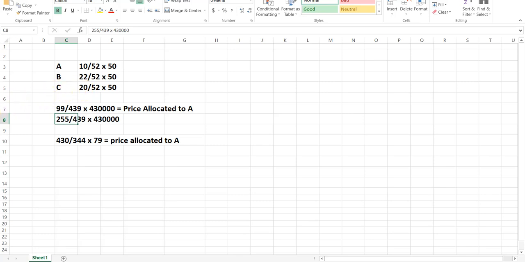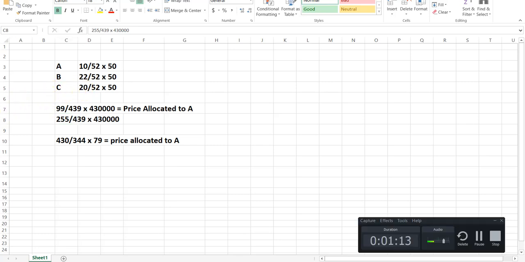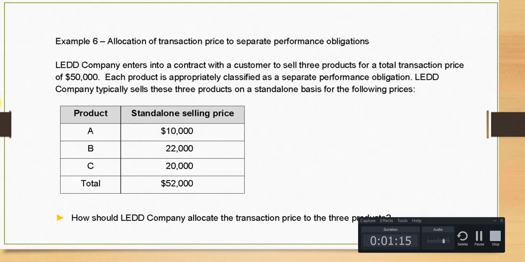So going back to that concept, what if we don't have standalone selling prices for each of our products or our performance obligations?